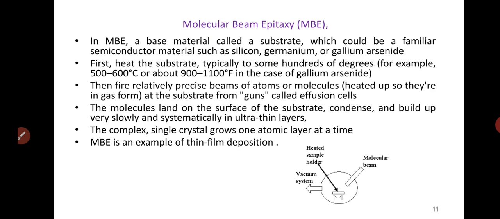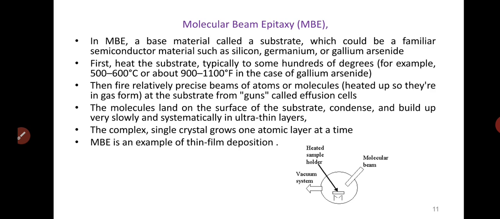Now we shall discuss the molecular beam epitaxy method. In molecular beam epitaxy, the base material, as you know, is called a substrate, which could be a semiconductor material such as silicon, germanium, or gallium arsenide.